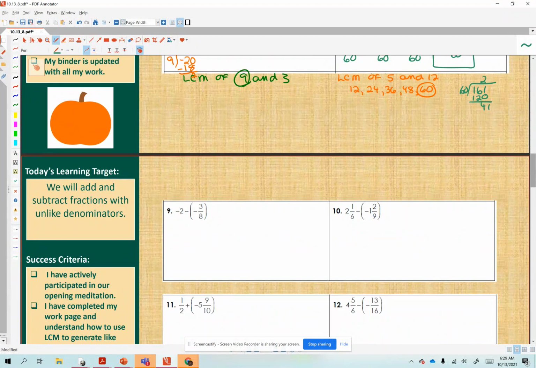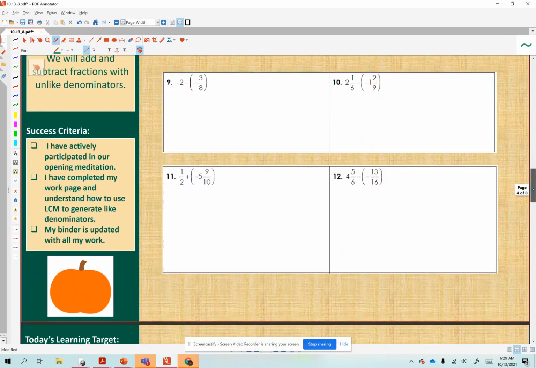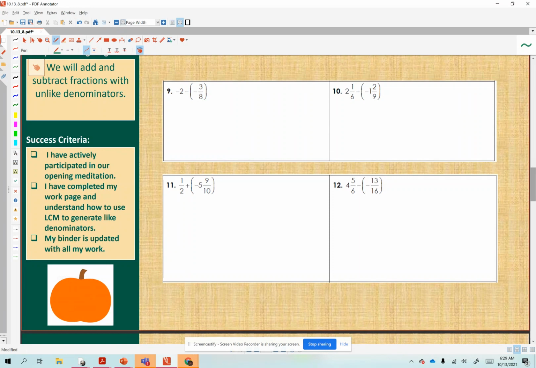Let's move on to number 9 and 10. So I have negative 2 minus 3/8, minus a negative 3/8. Remember, when you subtract a negative, it's the same as adding.